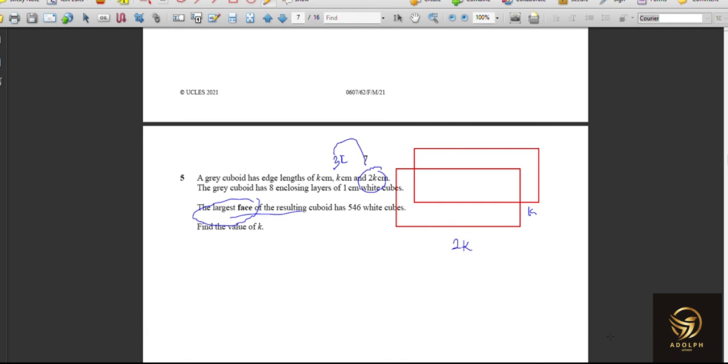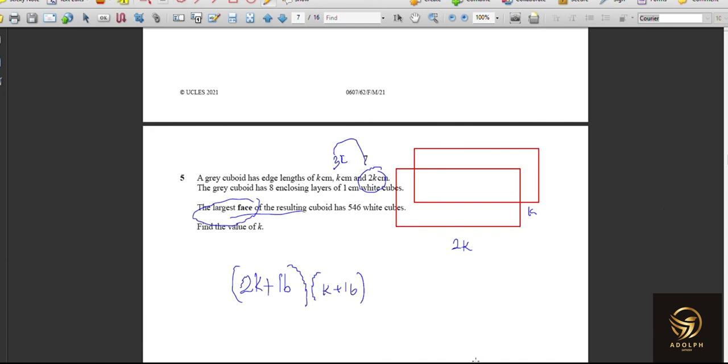And 8 enclosing layers are there, so this 2k, the outer layer or outer cube, is going to have the value of 2k plus 8 plus 8, it's going to be 16. That is the total length, I mean the outer length. Then this will be multiplied, because we are just getting that area, and in that, the other length is going to change. Again, this is also going to be k plus 16, because even this is also going to be up and down maybe.